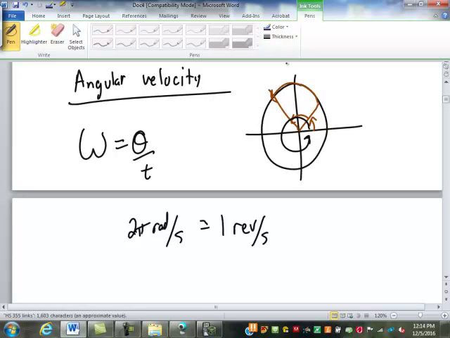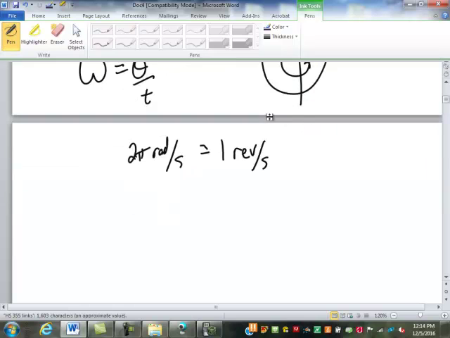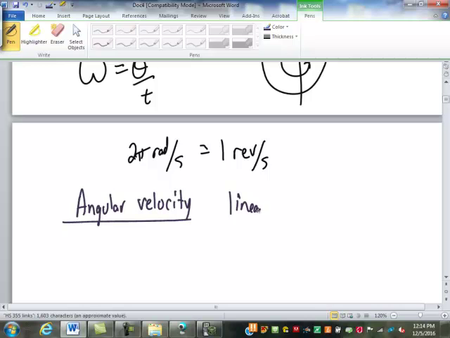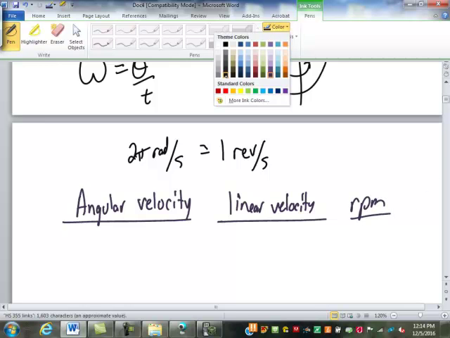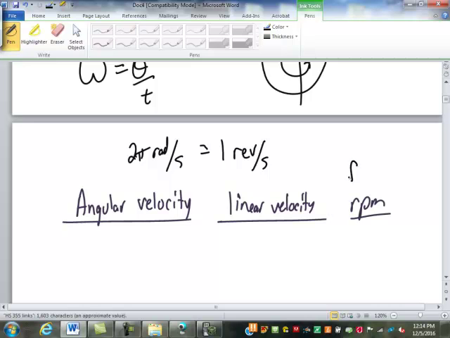As we get to the angular velocity, there's 3 that we're going to do. Angular velocity, linear velocity, and then RPMs, revolutions per minute, or sometimes listed as frequency.